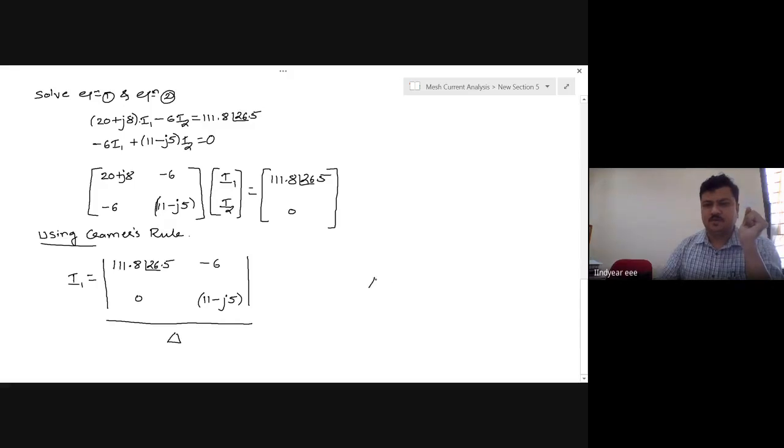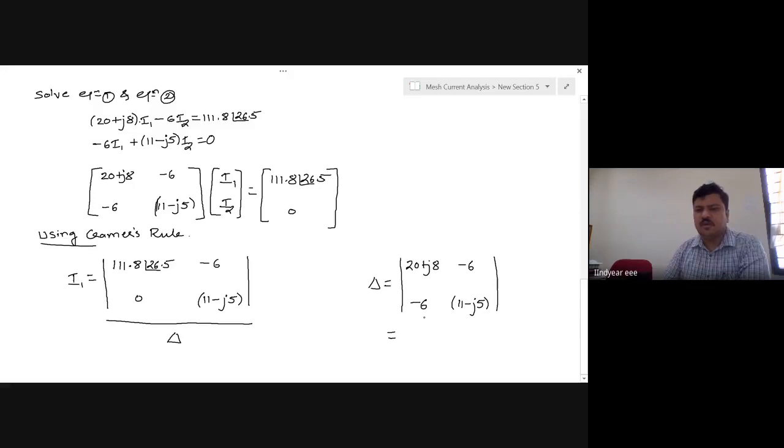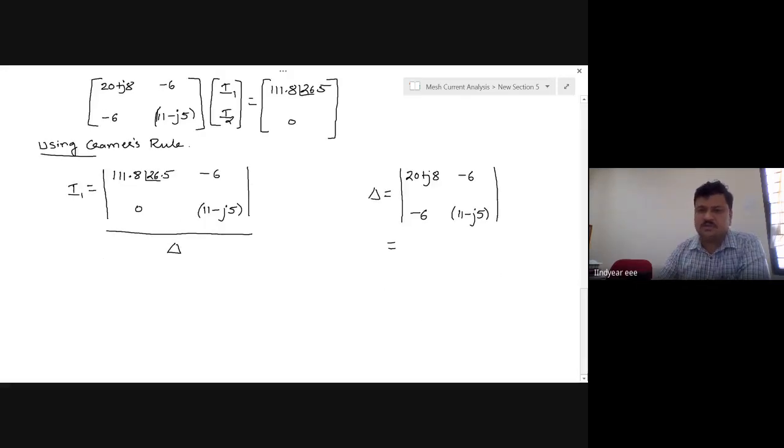Now what is delta? The determinant of the coefficient matrix: 20 plus j8, minus 6, minus 6, 11 minus j5. What does this determinant yield? Principal diagonal elements product minus subordinate diagonal elements product.